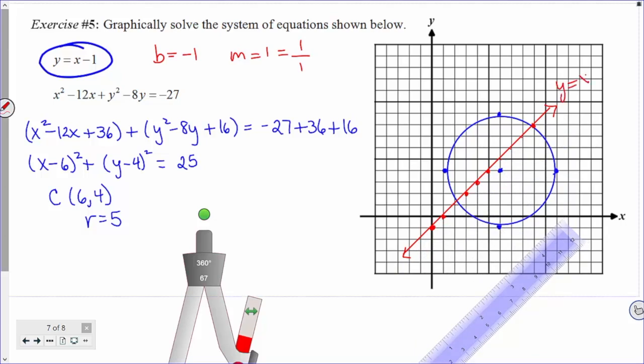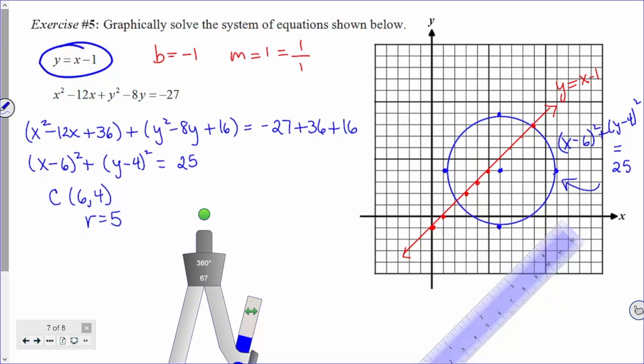So for instance, our line, y equals x minus 1, and our circle, let me go back down to blue. Don't get me wrong, I think it's pretty obvious which one's the circle and which one isn't. All right, but it is x minus 6 squared plus y minus 4 squared equals 25. All right, and that should be labeled.